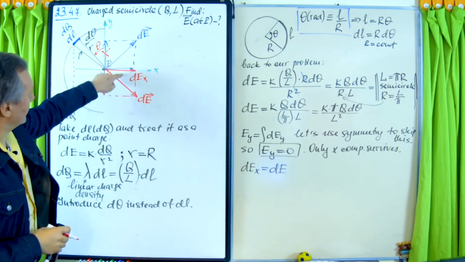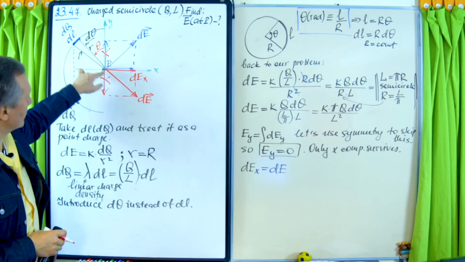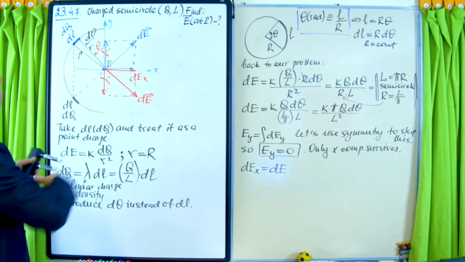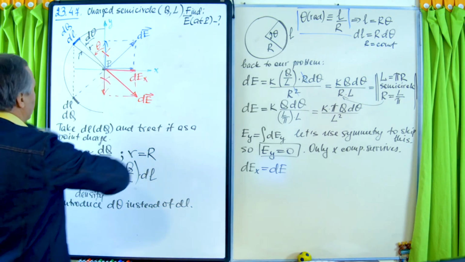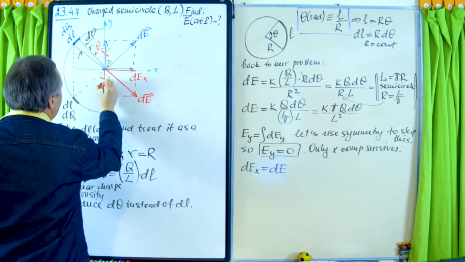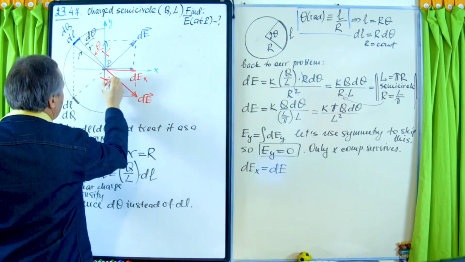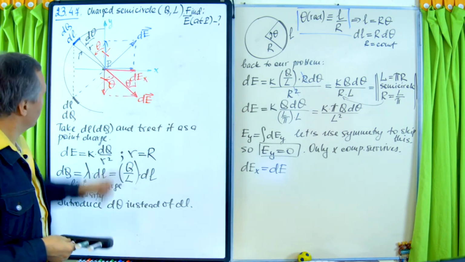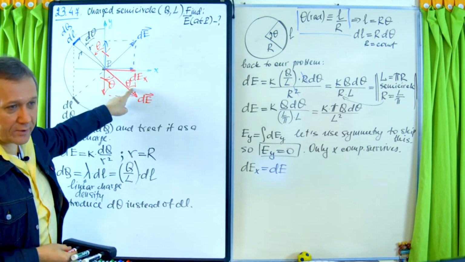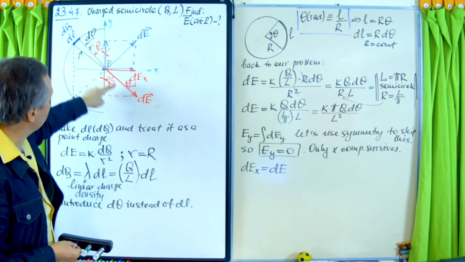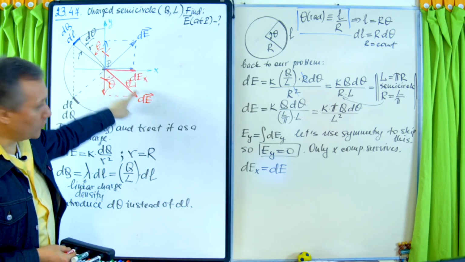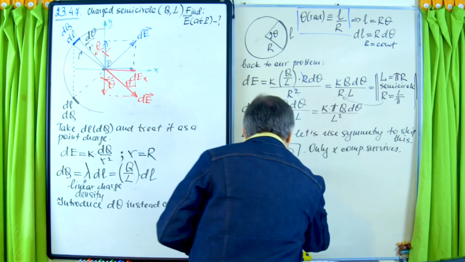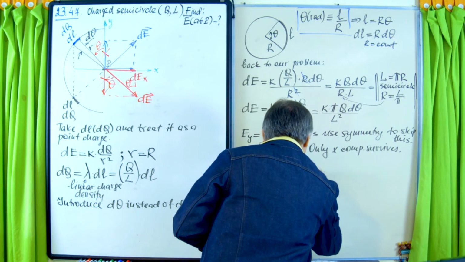You see this one? This is our dE, and now we need to find this horizontal component. We introduced this angle theta, and exactly the same theta is over here. If we need to find the component which is opposite to the chosen angle, we just need to multiply by sine of angle theta.